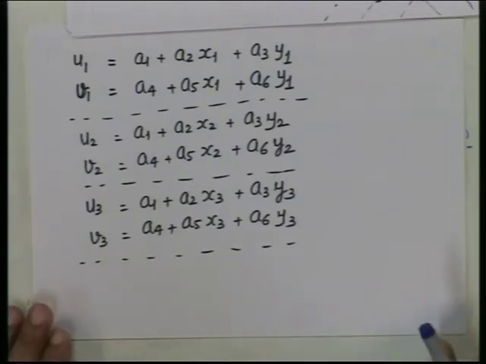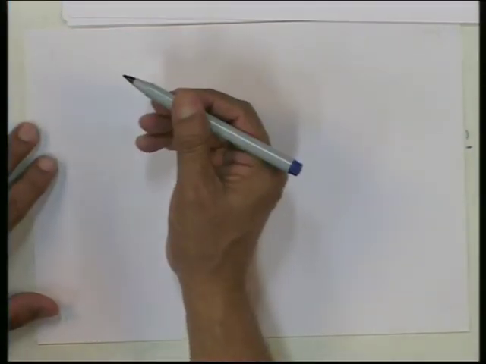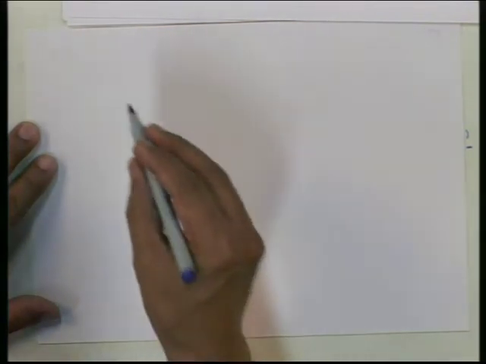I can explain this with reference to U1, U2, U3, and a similar thing will happen for V1, V2, V3 also, except that the arbitrary constants are different, but otherwise everything else is the same. This is the usual way we derive our shape functions, because we want to write in the form Ni Ui.